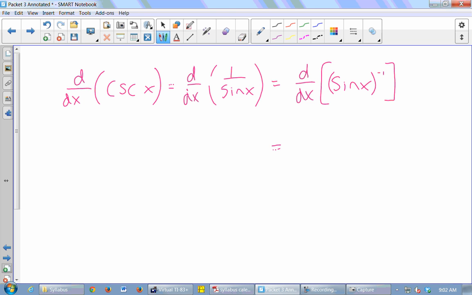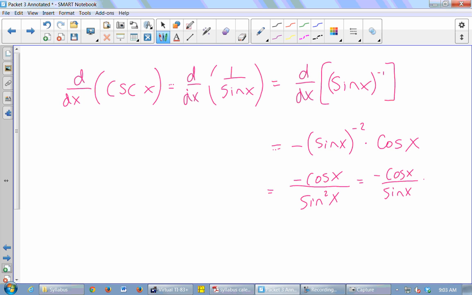I'm going to do the power rule here, so I get negative sine x to the negative 2, but then multiply by the derivative of the inside function, which is cosine x. So this ends up as negative cosine x over sine squared x, which is negative cosine x over sine x times 1 over sine x.